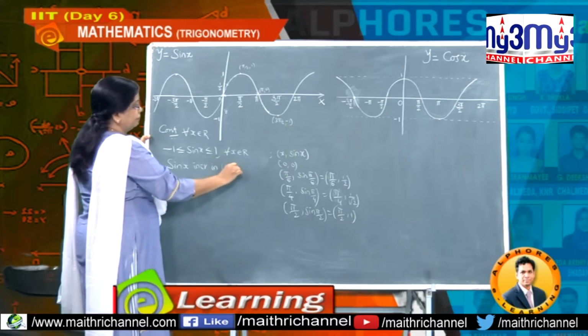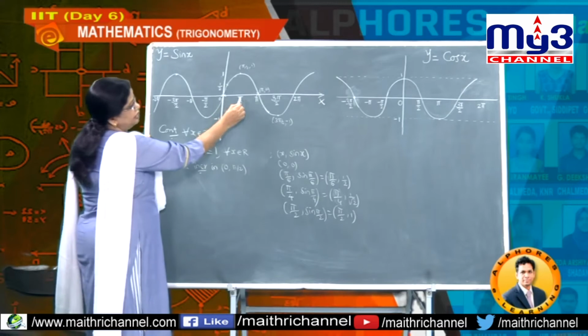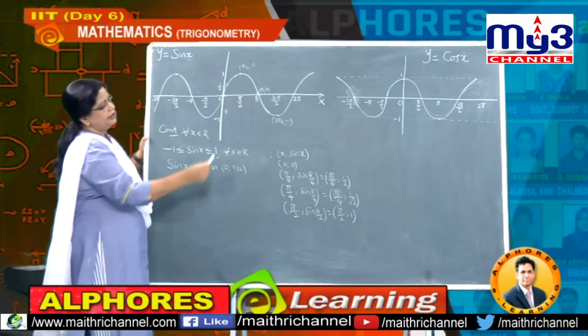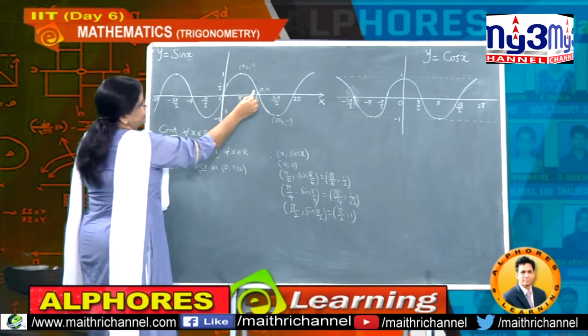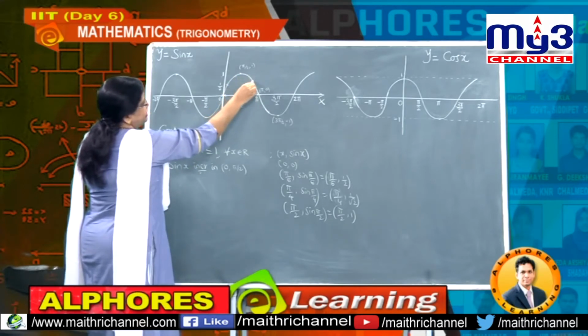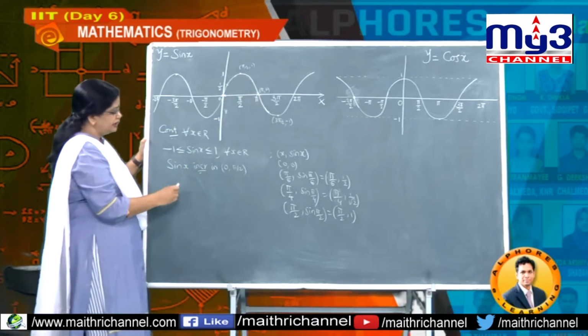So, sin x increases in which interval here? (0, pi by 2). And next, suppose I take from 90 degrees to 180 degrees, then how is the curve behaving? When x is increasing like this, correspondingly y values are coming down. Slowly they are falling down. That means it is known as a decreasing function.